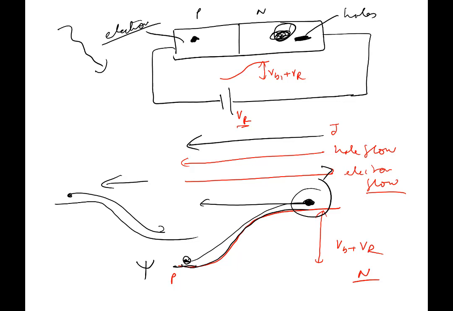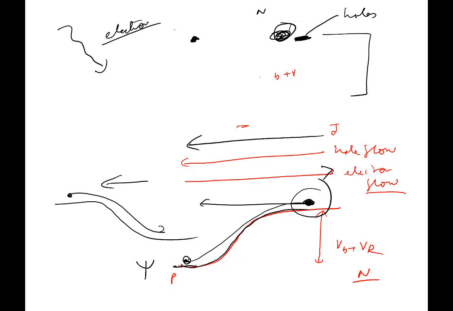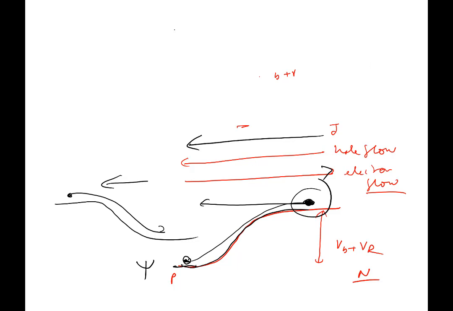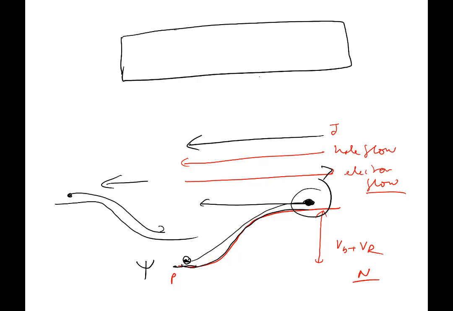The carriers are very few. The barrier can be large or small, whatever, but if by some means you increase the carriers, this takes you to a very interesting case of the bipolar transistor. We won't have time to look at the bipolar transistor in detail, but let's talk about N and P here.